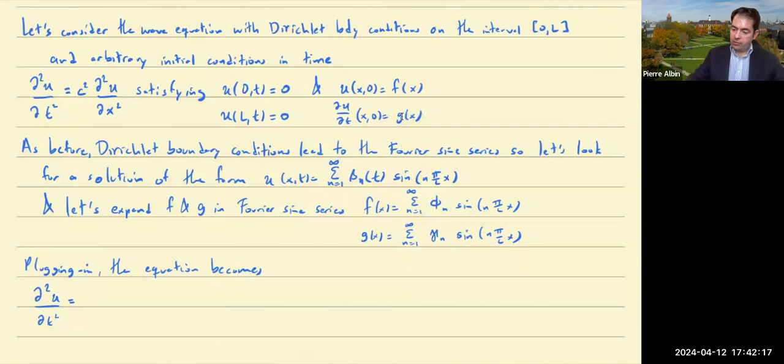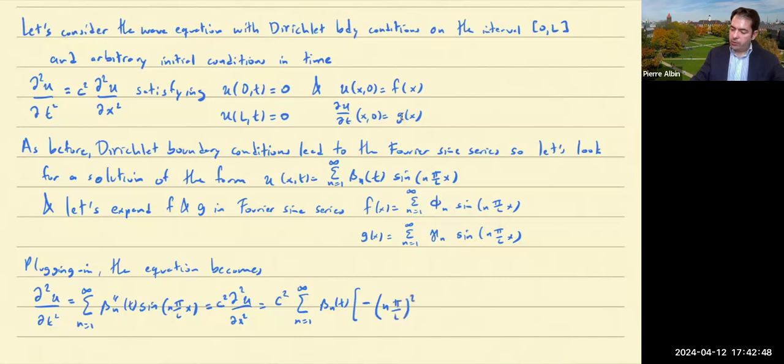Since we've decided to look for u of this form, this would look like the sum n goes from 1 to infinity of beta n double prime of t times sine of n pi over L x. We want that to equal c squared, the second derivative of u with respect to x. So that would look like c squared times the sum n goes from 1 to infinity, beta n of t times minus n pi over L squared sine n pi over L x.